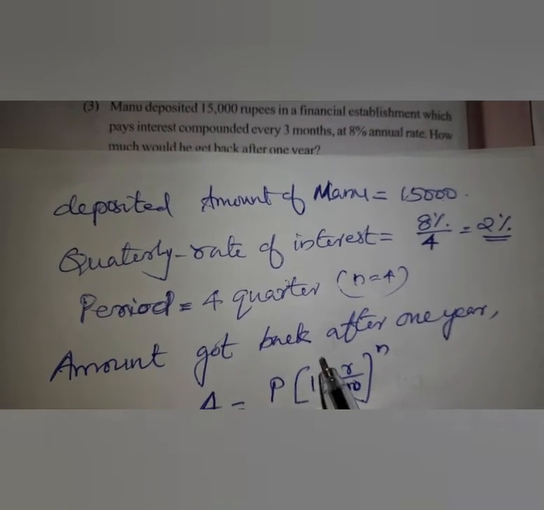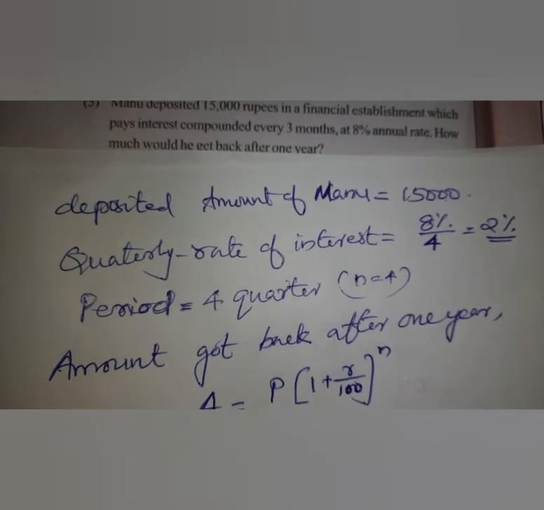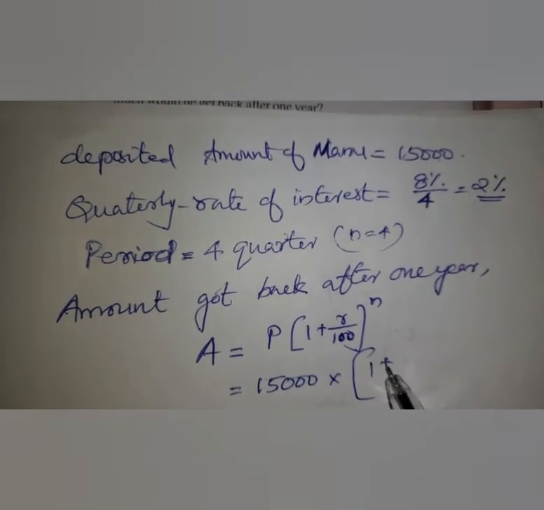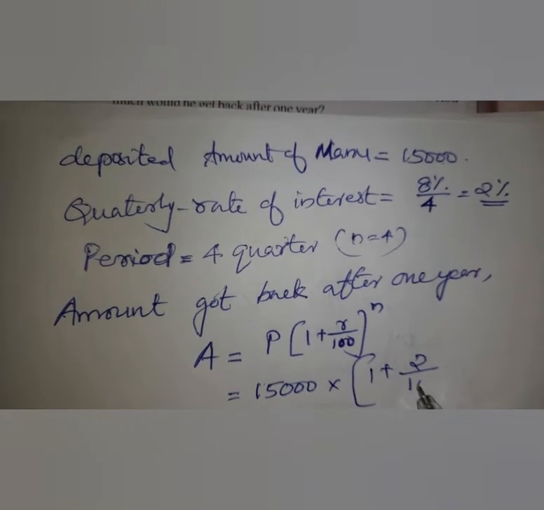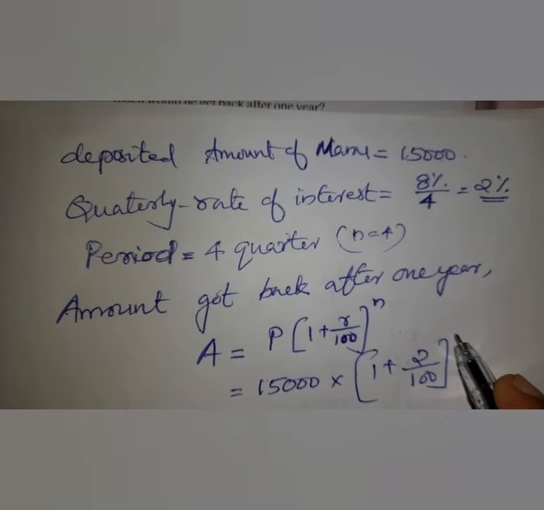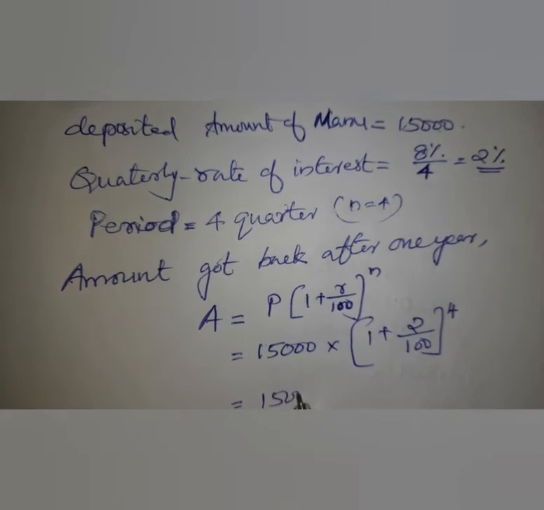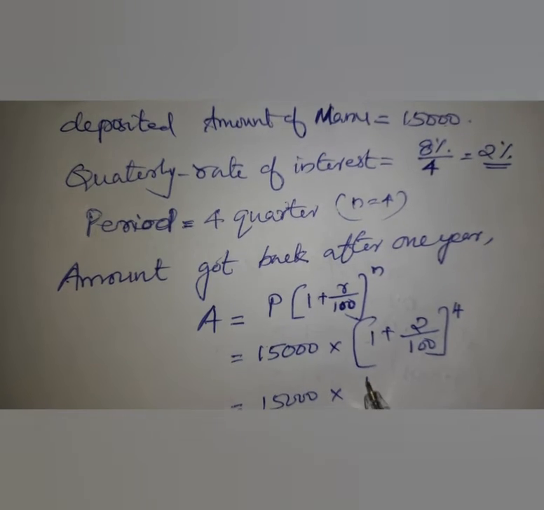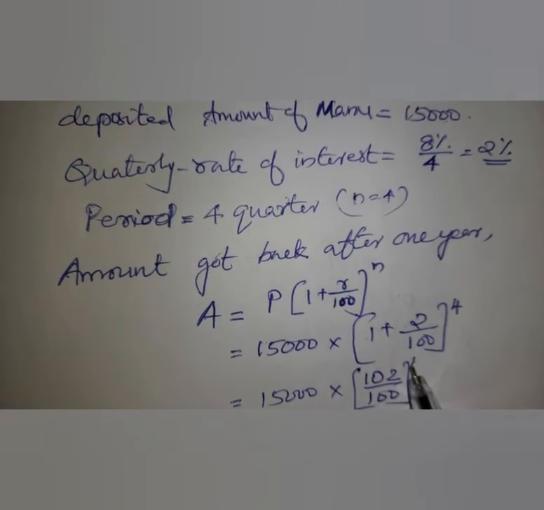So the amount after 1 year, A is equal to 15,000 into 1 plus 2 by 100 raised to N, where N is 4. So 15,000 into 102 by 100 raised to 4.